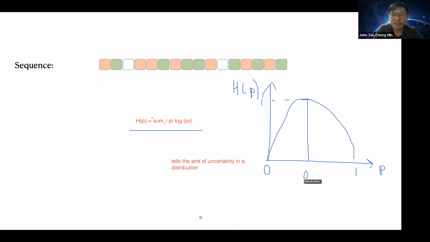It means that if you flip a coin, only when the coin has a fair chance of landing heads and tails do you gain the most information by observing the coin itself. If the coin was always heads or always tails, you already know the outcome without observing the coin flip, which is why the entropy is 0 over here.